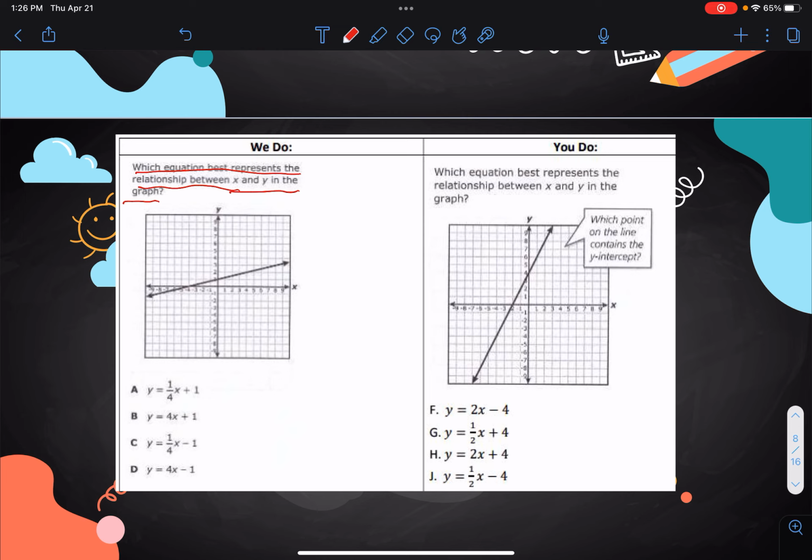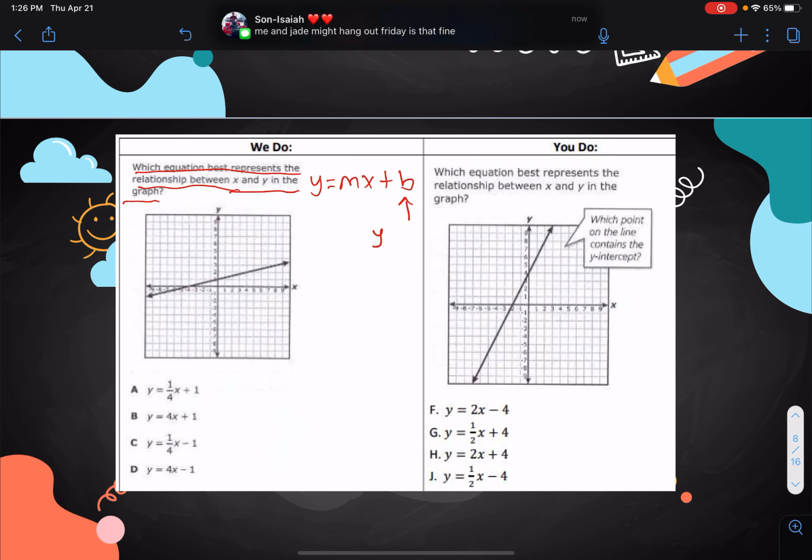you need to do. First, I can look at my graph and remember our equations are written in y equals mx plus b form. Remember the b represents the what? The y-intercept, right?